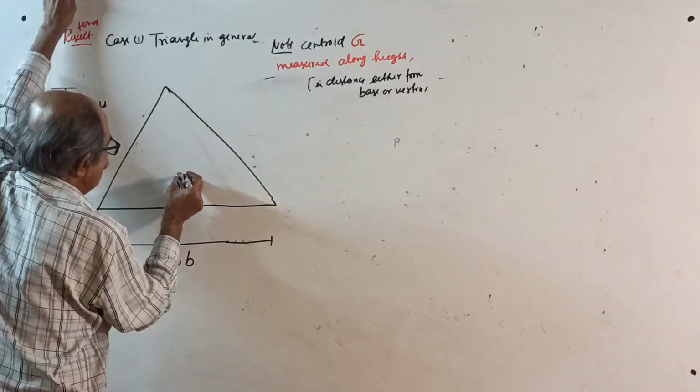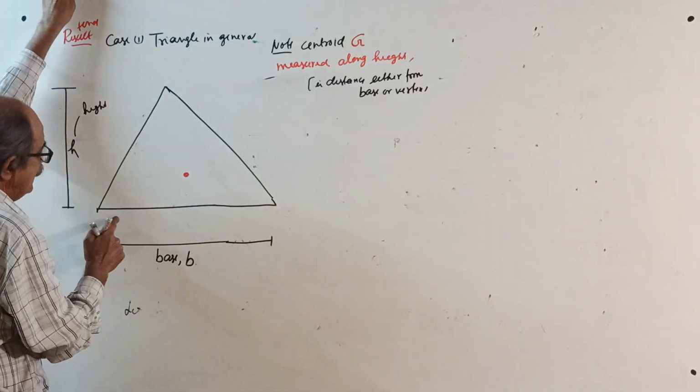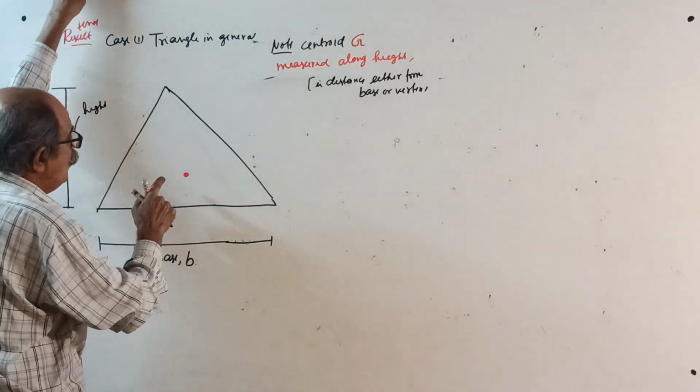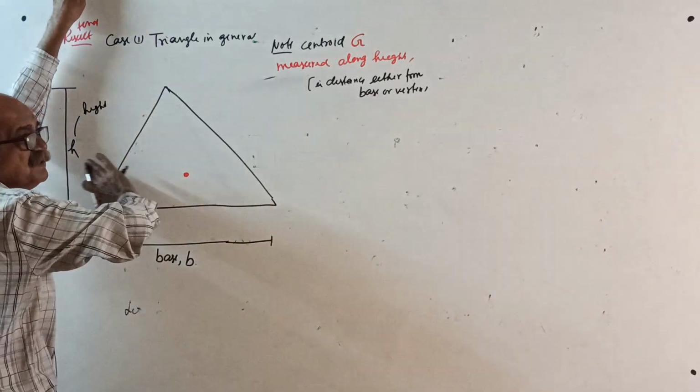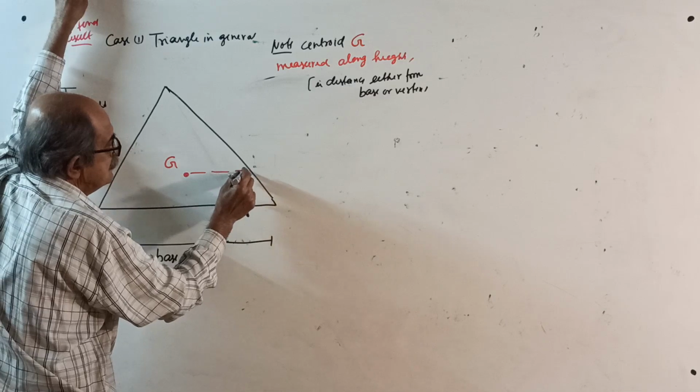Centroid is here. I have marked it a little to this side because I know that if this is smaller, this is bigger; tomorrow you will know why I shifted the side. This shifting we are not bothered about. We are only bothered about this distance.